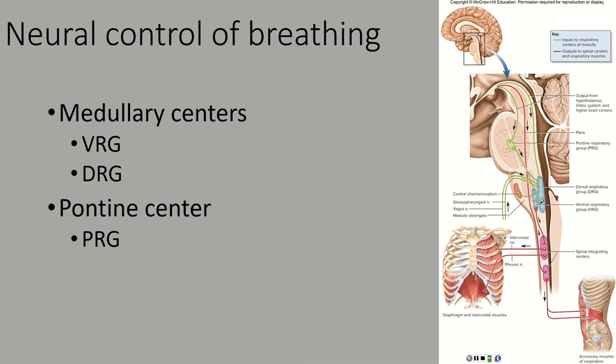When you're singing, you're breathing in very specific spots. Things like that are under the control of the pontine respiratory group. So the PRG can still give input to the VRG. And, in a manner of speaking, it also gives input to the DRG.